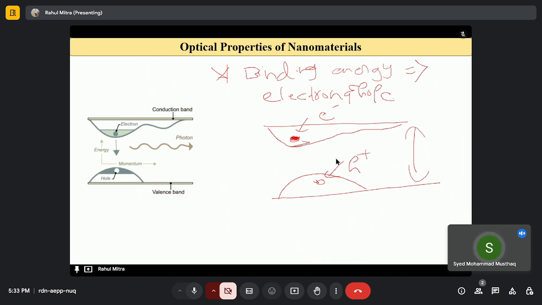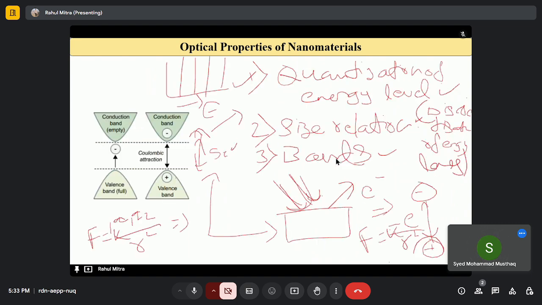I will explain it again. In the case of bulk semiconductor materials, if an incident photon has energy greater than the band gap of the material, an electron may be excited from the valence band to the conduction band, right?